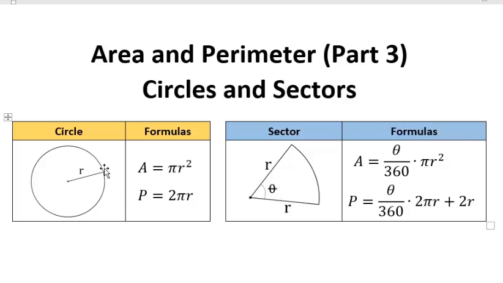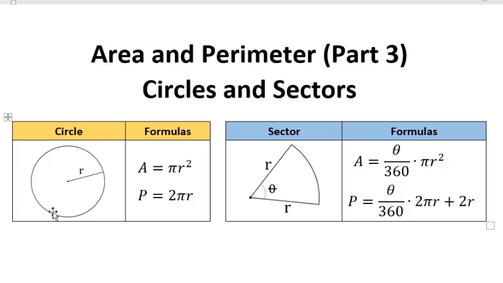When you're finding the perimeter of a circle, you're just finding the circumference, the line that makes the circle. If I get a fraction of that line, I will get this curve in here, but that is not the entire perimeter of the sector. We're still missing this line that was not in the circle and this other line that was not in the circle.